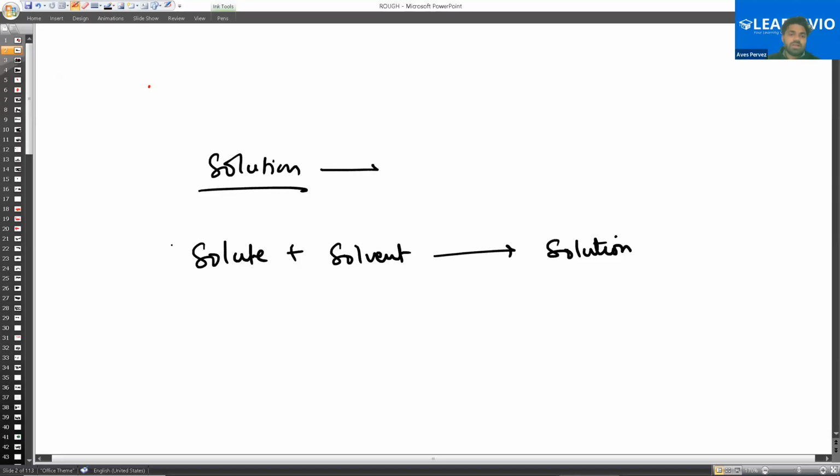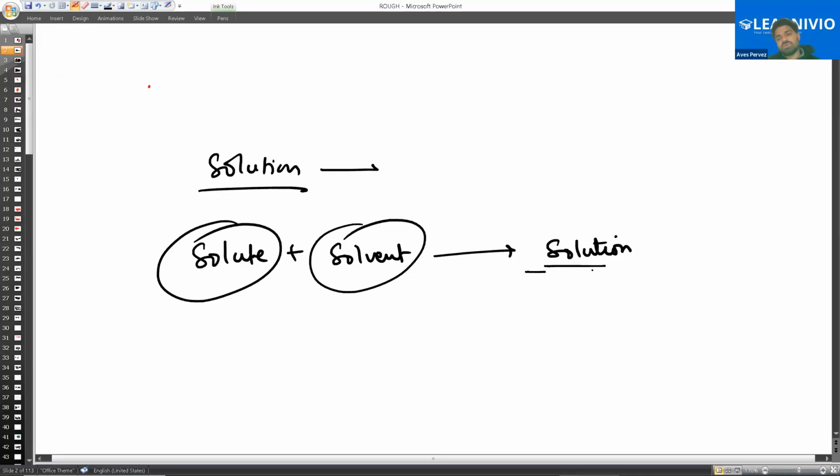Now this is a solute and this is a solvent. Solute plus solvent gives you a solution. For example, sugar when added to water gives you sugar solution.